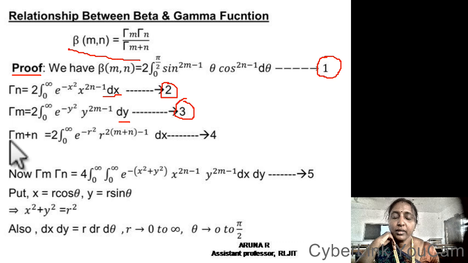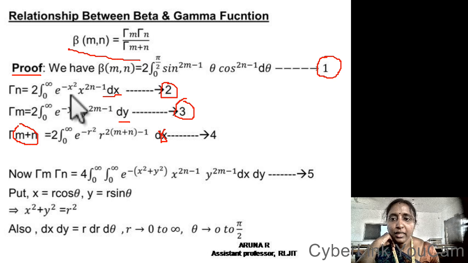Next we will take the same gamma definition, but for the term m plus n. If you observe, for n I have taken the variable x, for m I have taken the variable y, and for m plus n I am taking the variable r.